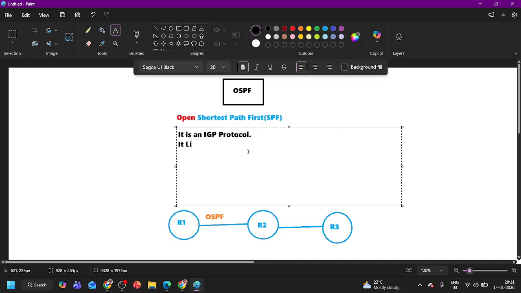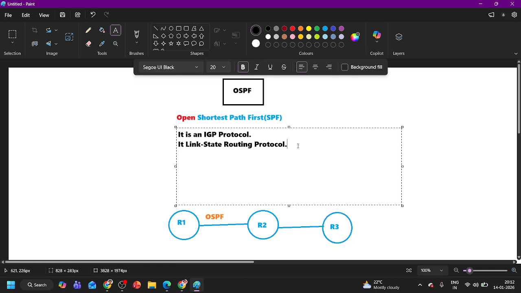Can anyone remind me of some properties of link state? We have discussed link state routing protocols. What is the meaning of a link state routing protocol? Tell me some properties. A link state routing protocol maintains 3 tables.